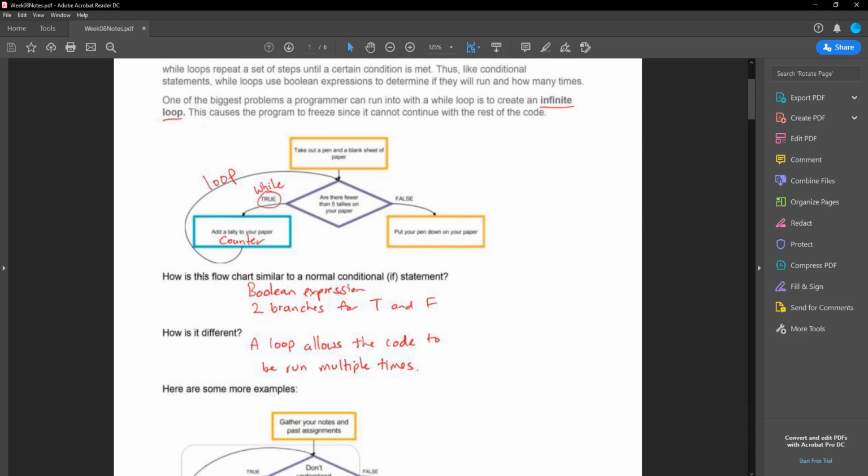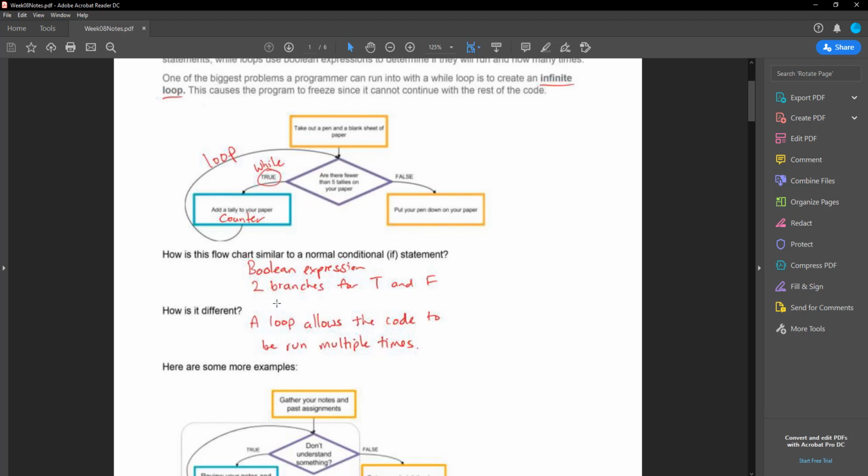So it says, how is this flowchart similar to a normal conditional or if statement? Well, it has a Boolean expression, right? They're checking to see, right? In a certain way, if or while is kind of doing the same idea. If there are 5 and so on, there's some sort of condition that needs to be met, right? How is it different?